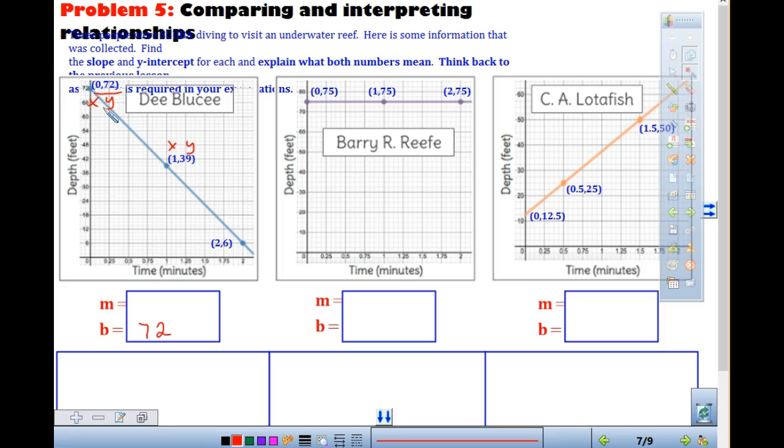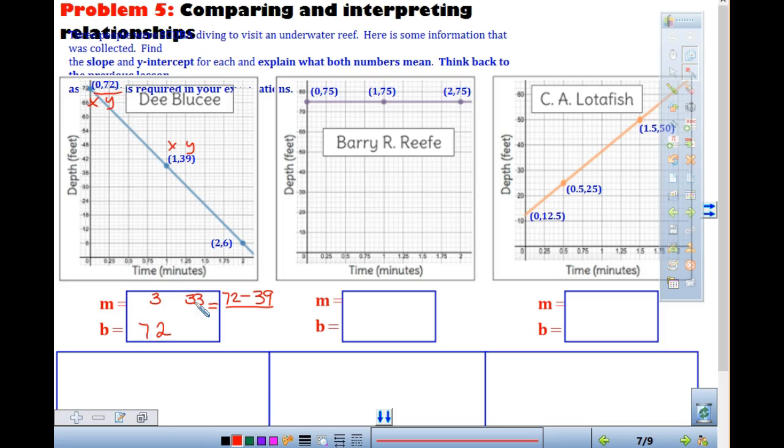I have 2 of them, right? So if I go 0, 72, remember, 72 minus what? What's my other y? 39. So what is 72 minus 39? 33.